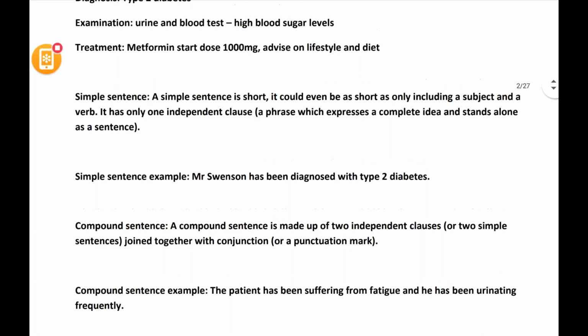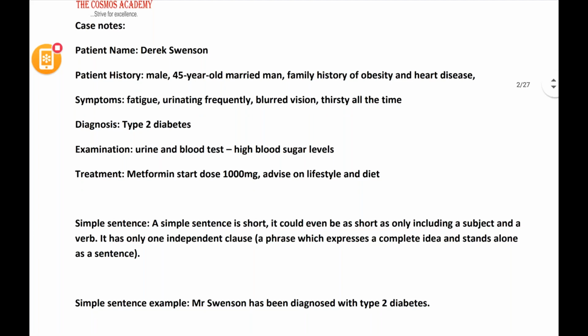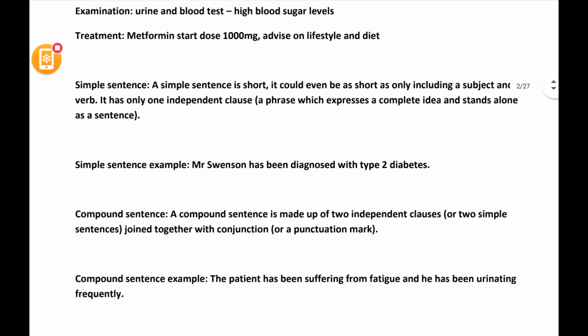Now, these are the symptoms I have written. If you look at the symptoms, fatigue and urinating frequently. For these two symptoms, they made a sentence: the patient has been suffering from fatigue and he has been urinating frequently.